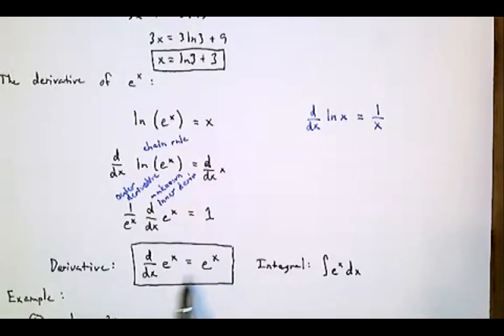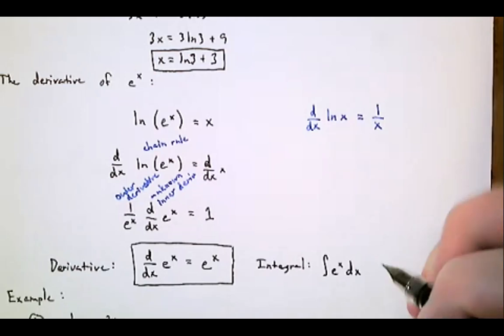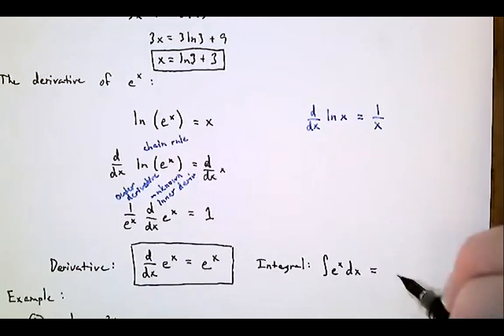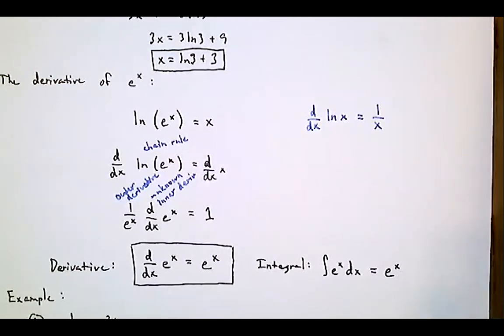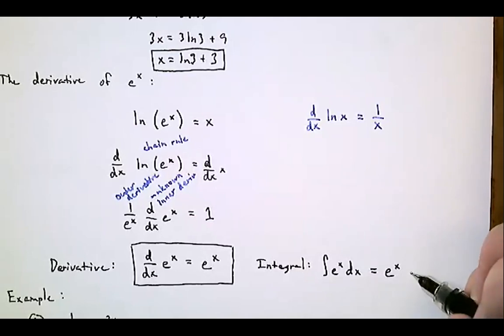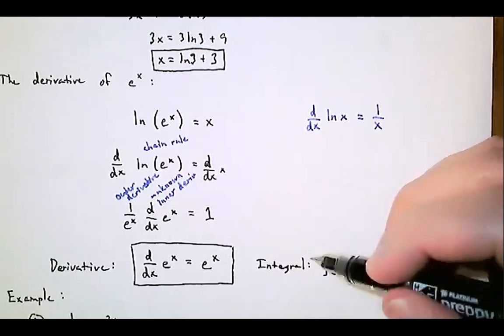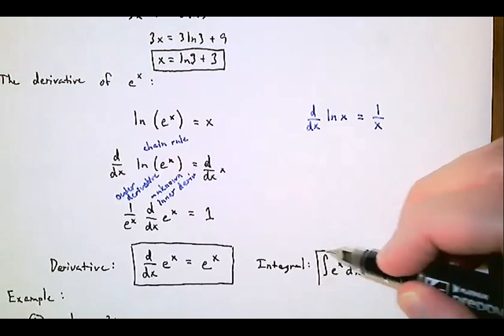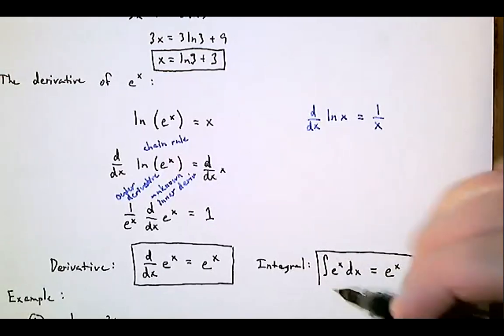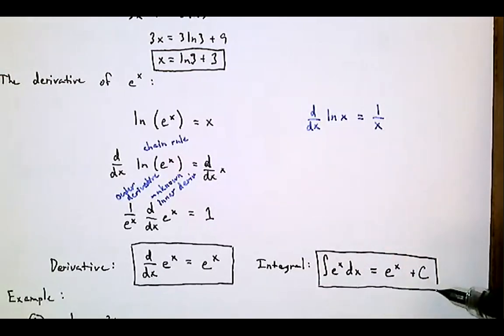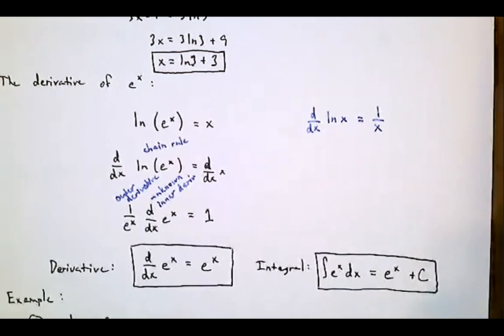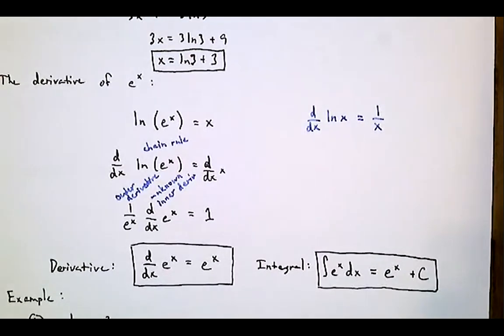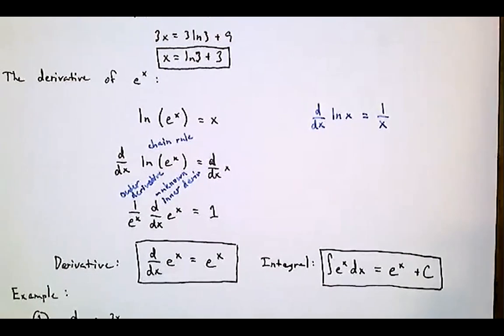So if I start here and we end up there, except with integrals, I have to have my plus c, plus a constant. Okay, so any questions about the derivative?